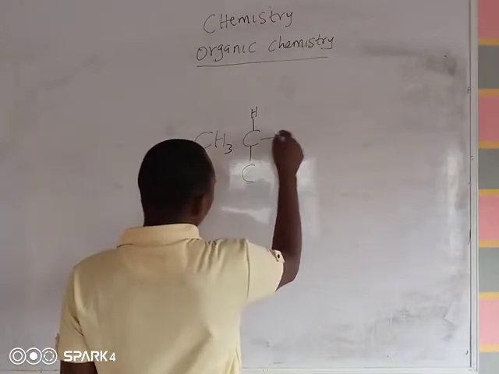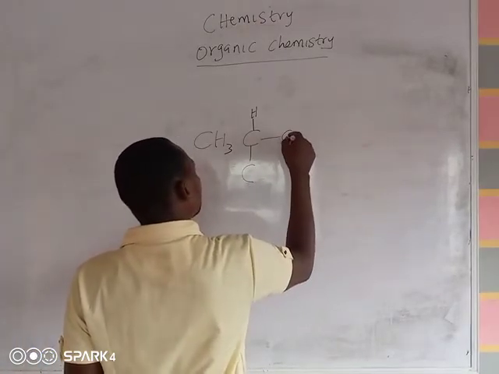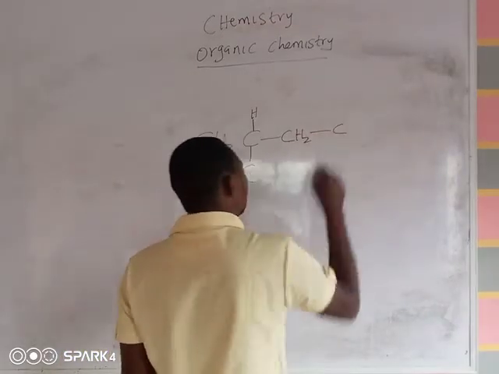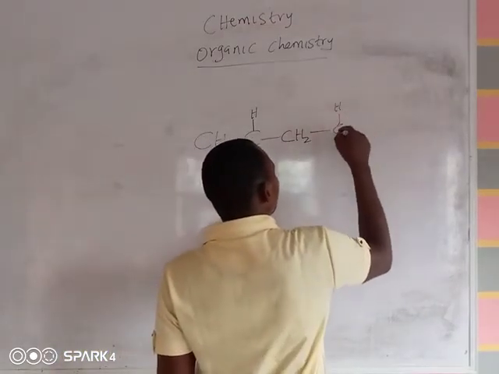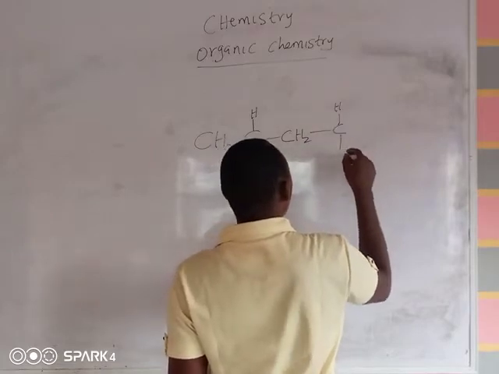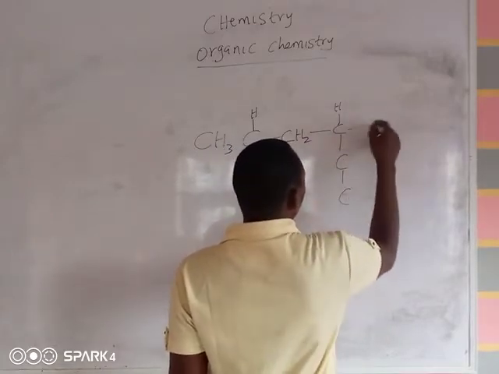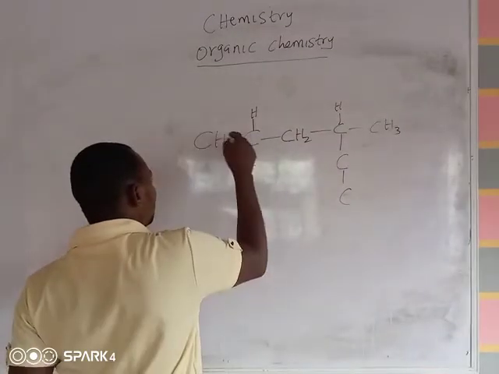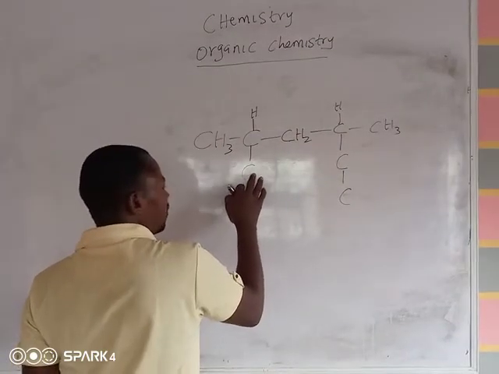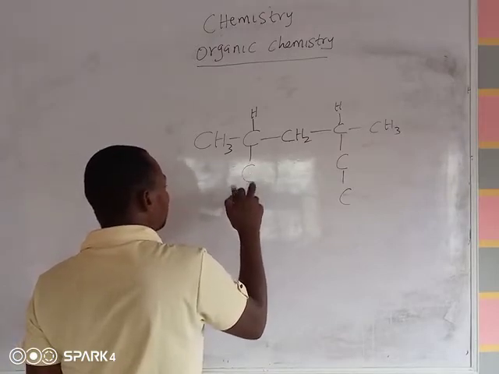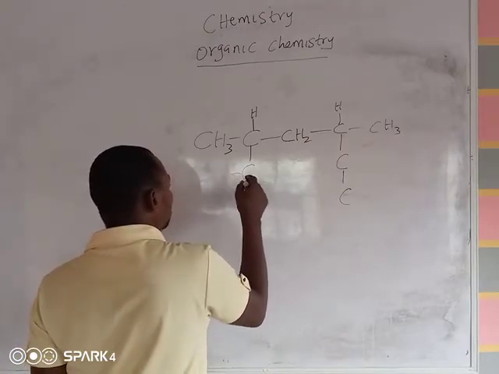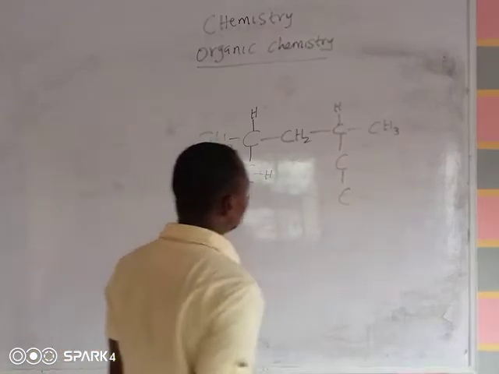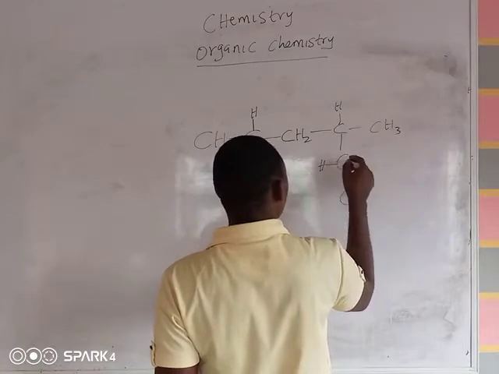Then I can have a C, which is CH2. I can have a C with a hydrogen, and I can have a CH3. So here it's supposed to be taken by hydrogen, but a carbon has been placed. That's why we say we are having a branch chain.